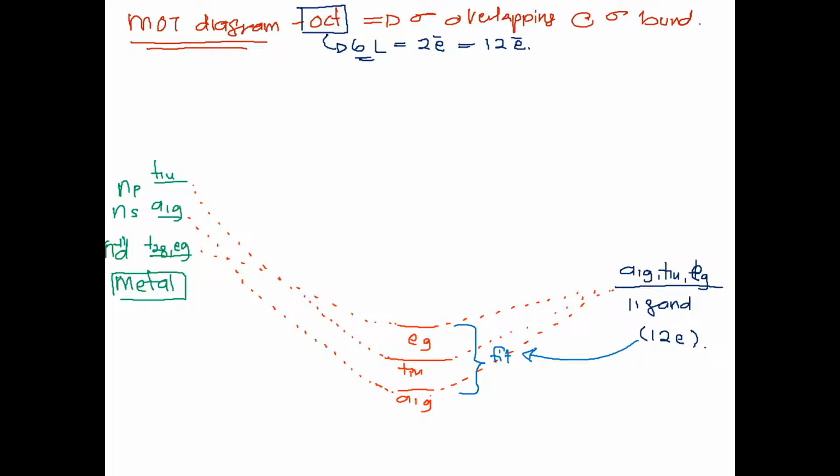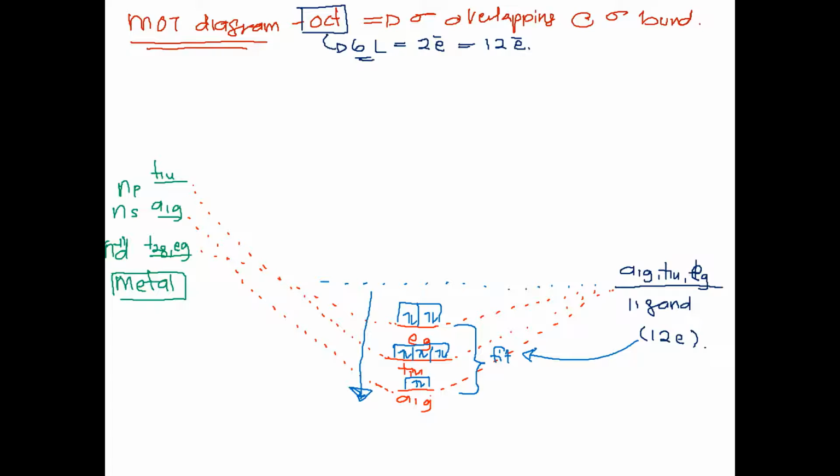For example here, EG you have 2 degeneracies, T1U you have 3 degeneracies, A you have 1 degeneracy. Then you will have 1, 2, 3, 4, 5, 6, 7, 8, 9, 10, 11, 12. So on this lower energy level, or we can say below, the ligand level, these will all be occupied by the electrons from the ligand.